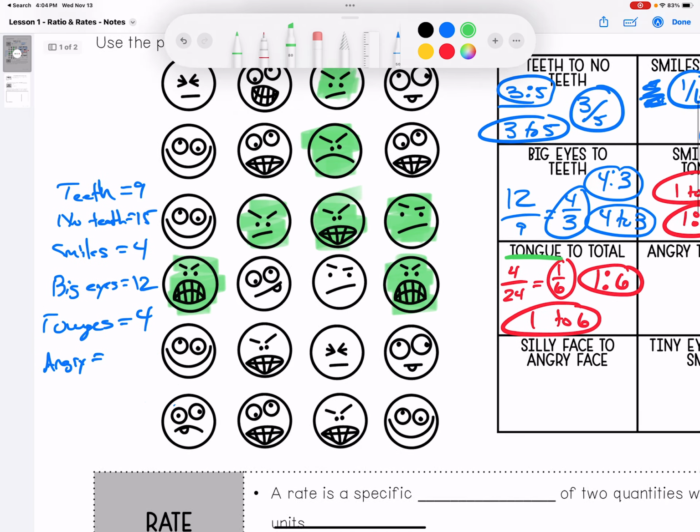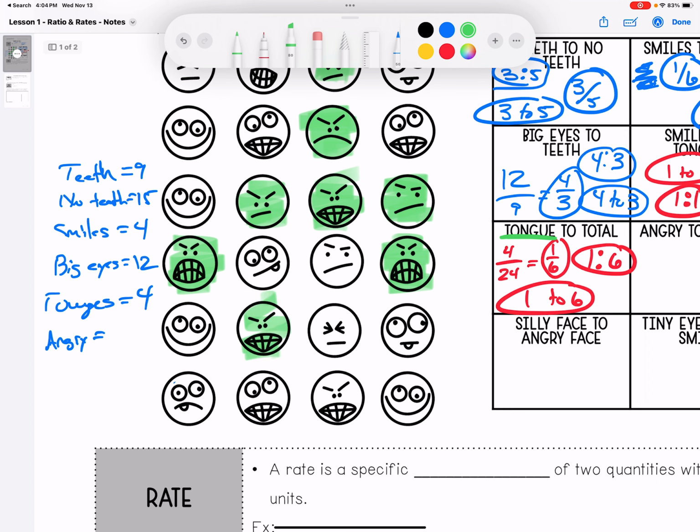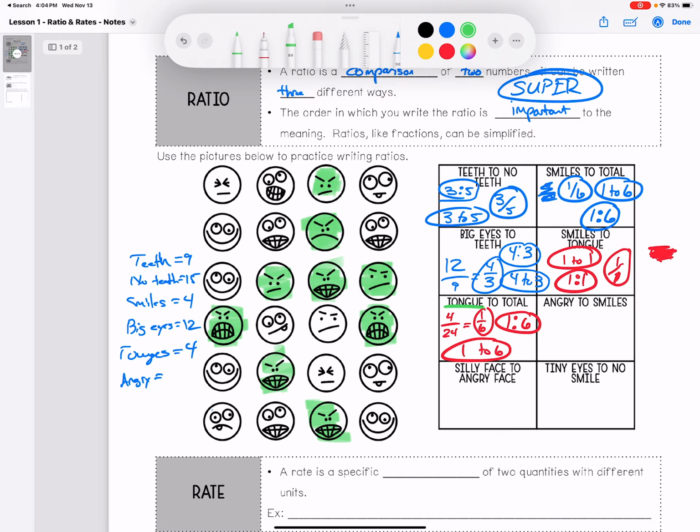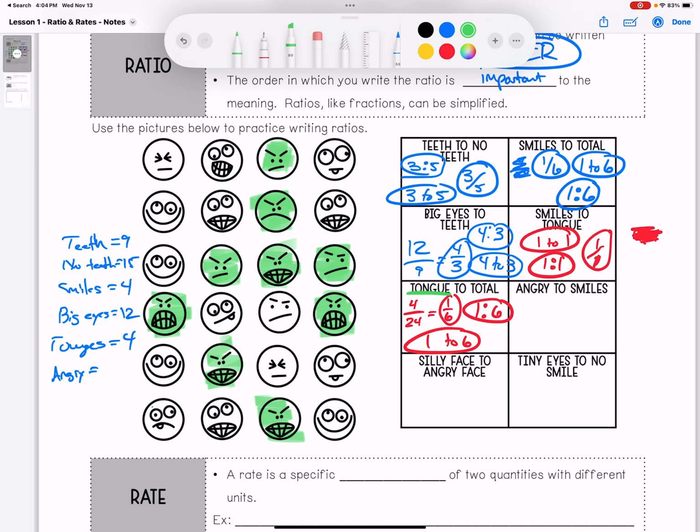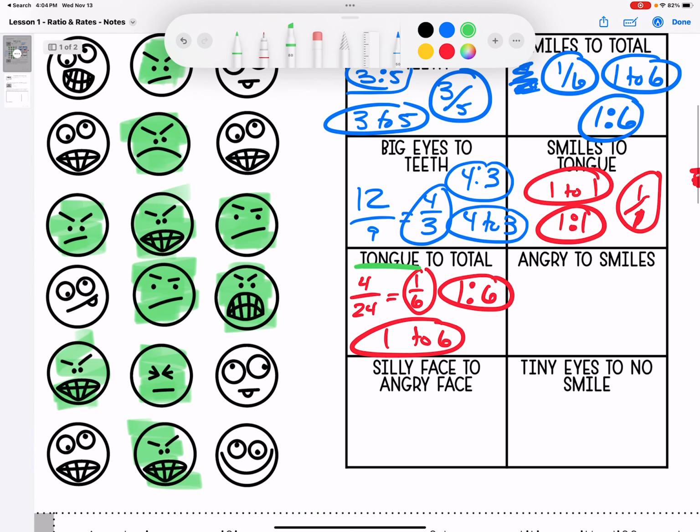He looks like he's ticked off. I missed one. That's 10, 11, 12. All right. So I've got 12 angries.